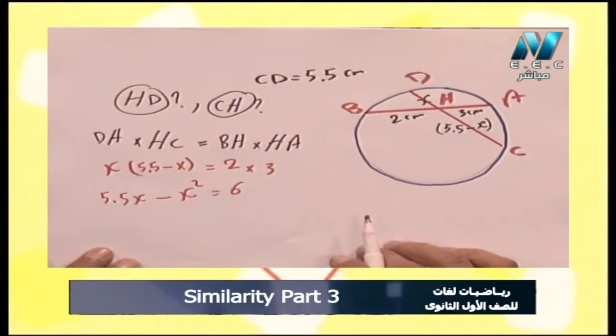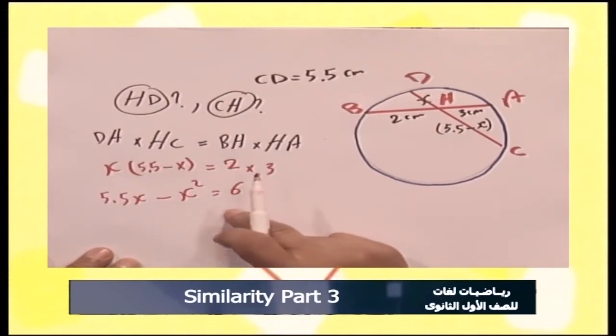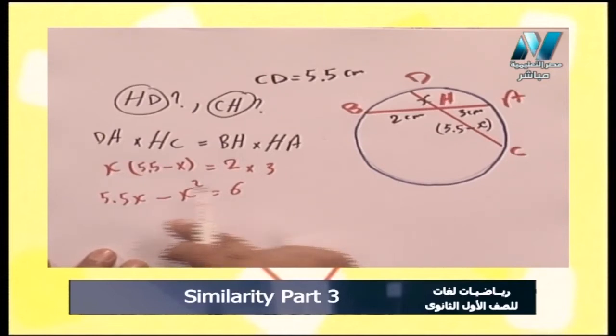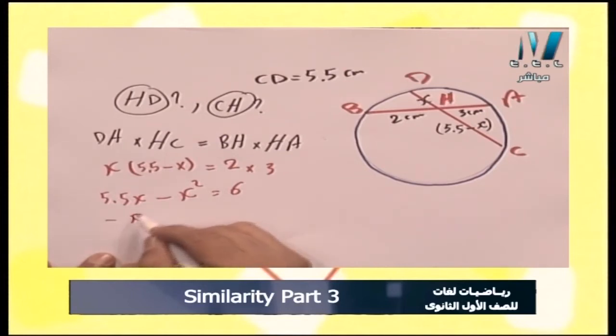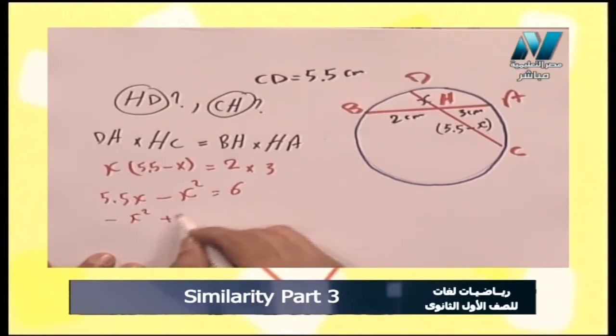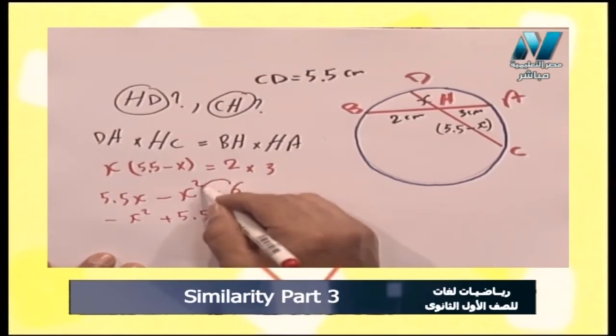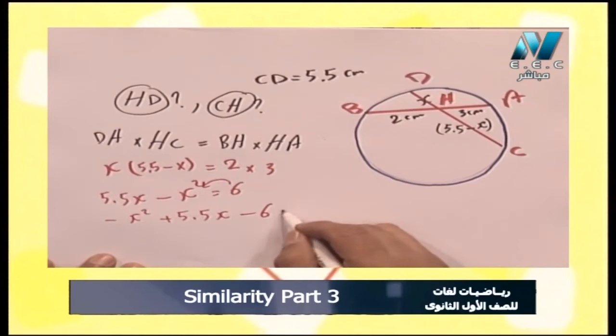Now we have here the algebraic form of the quadratic equation. So try to put it in the form: negative x power 2 plus 5.5x minus 6. When we transfer the 6, it will be negative, equal 0.